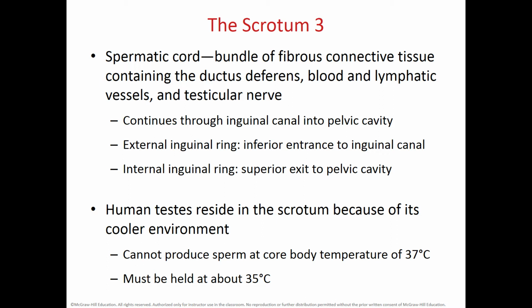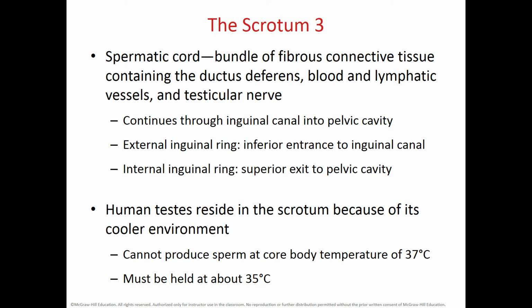This spermatic cord runs through the inguinal canal, and it allows these structures to run between the pelvic cavity and the scrotum, bringing the sperm and also the nourishment for the testicular tissue.